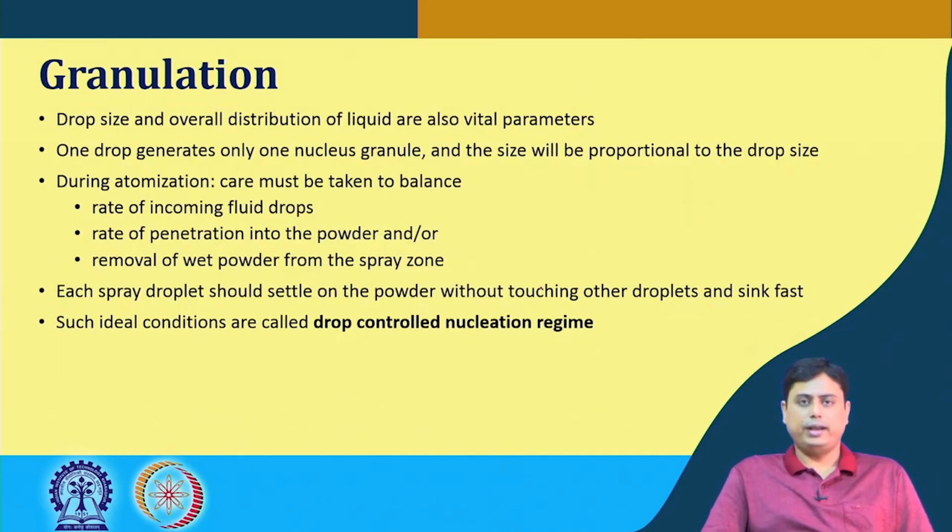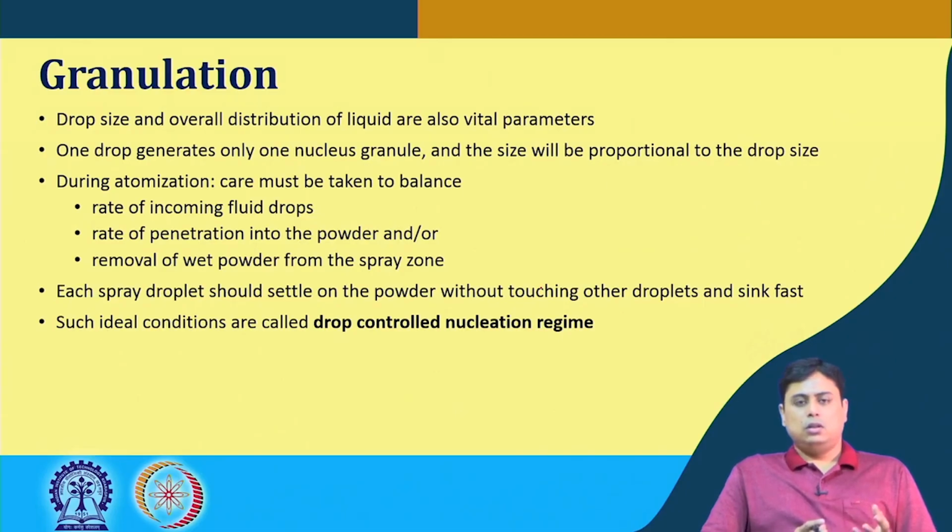Along with these criteria, we have droplet size and the overall distribution of liquid. These are the other two vital parameters that dictate the granulation process, and particularly the wetting step.